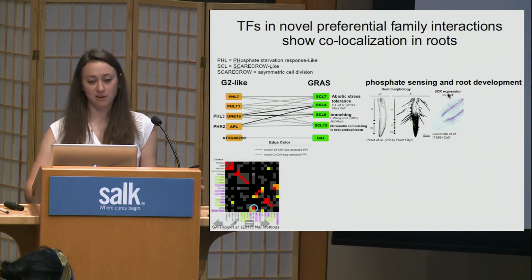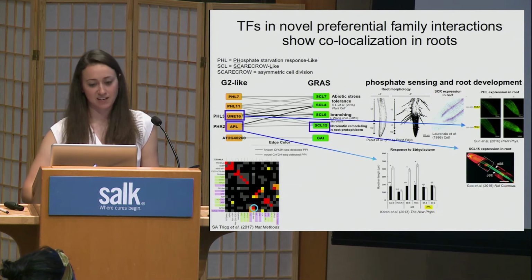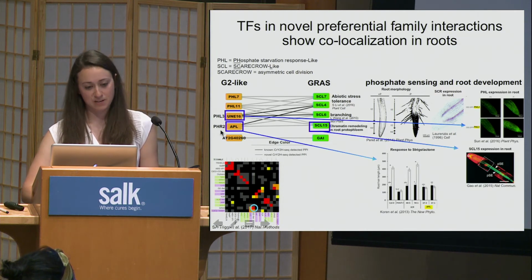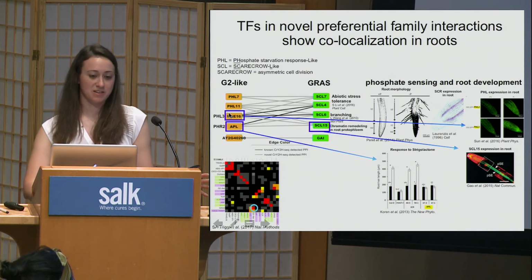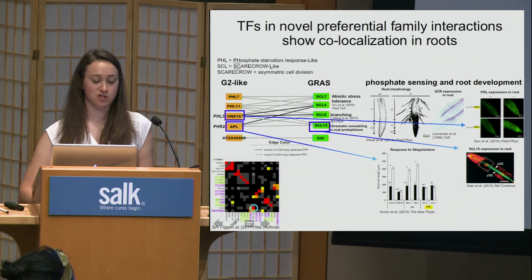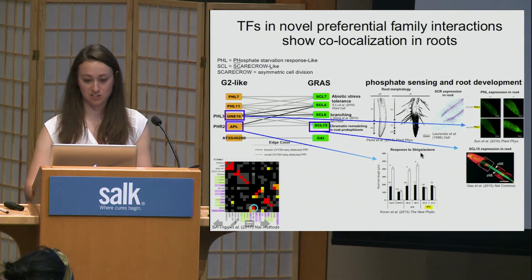And SCARECROW is also expressed in the root. Looking through the literature, I saw that these PHL factors are also expressed in the root, as is this SCARECROW-like factor. So potentially there are complexes forming between these transcription factors that are driving this change in root architecture during low phosphate conditions.